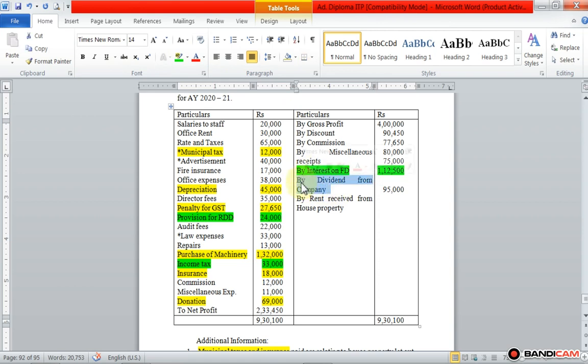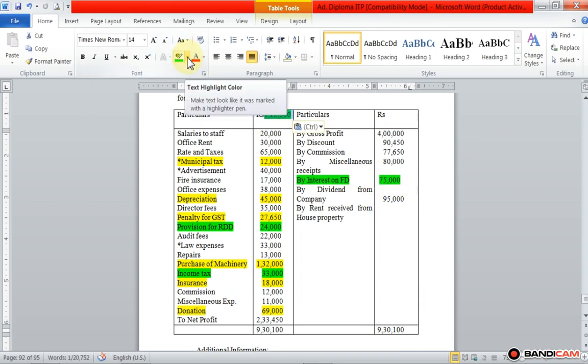Then dividend from company. Sorry, here interest on FD is rupees 75,000, and dividend from company is rupees 1,12,500.